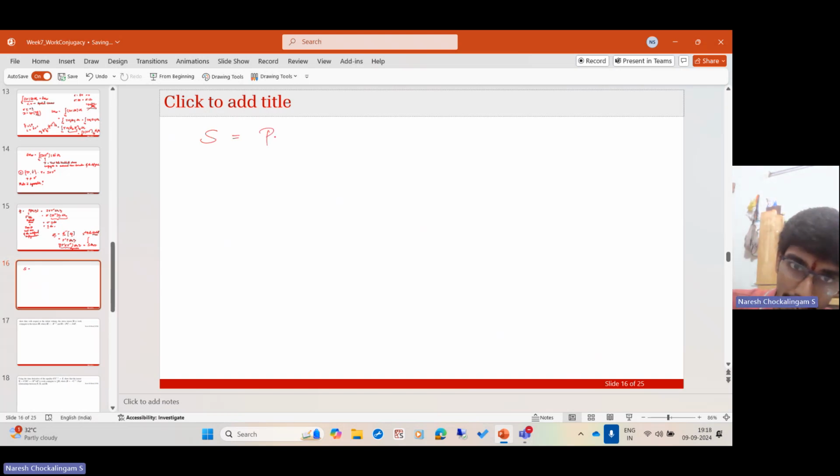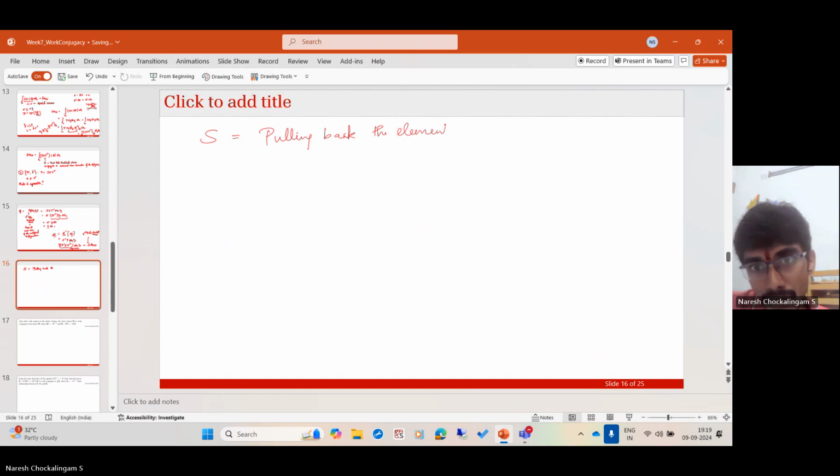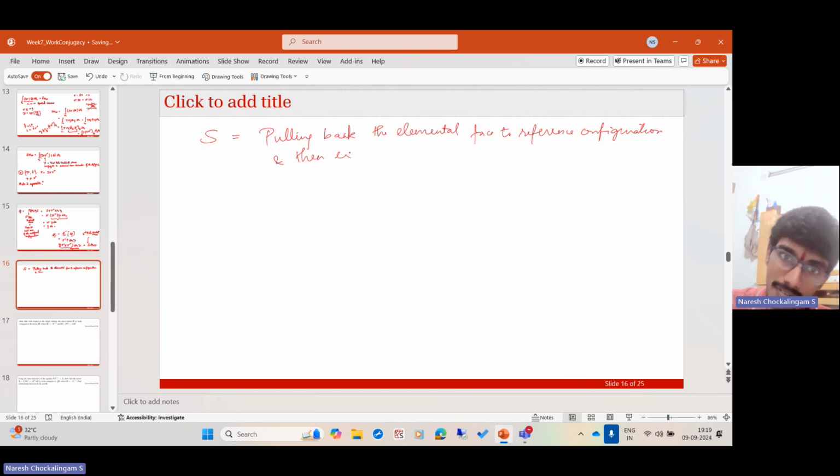We are first pulling back the elemental force to the reference configuration, and then expressing it per unit undeformed area.